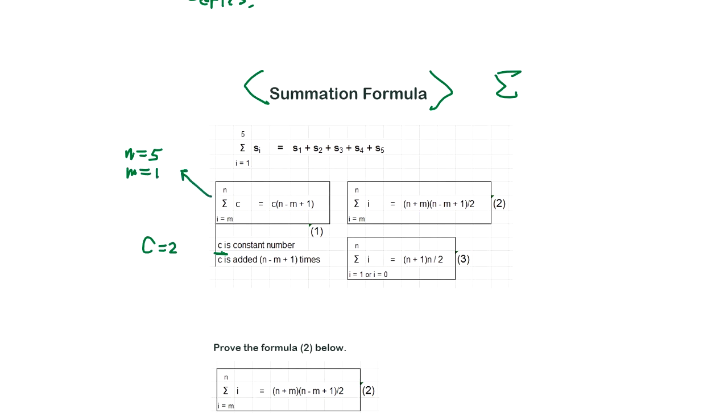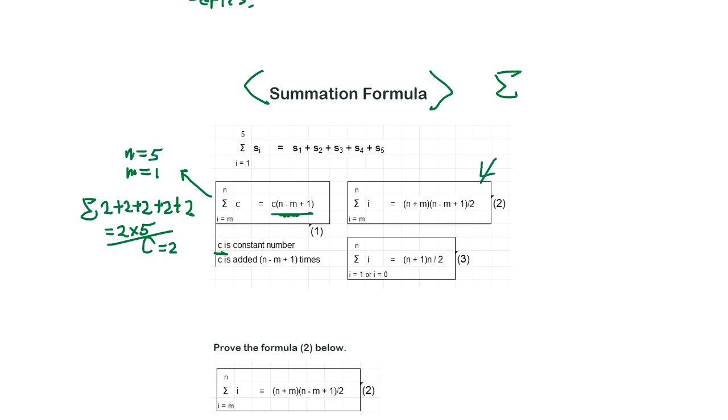So i equals m to n, 5 minus 1 plus 1, this is 5, right? So the summation will look like 2 plus 2 plus 2 plus 2 plus 2. This summation value is given by this: 5 minus 1 plus 1 is 5, 2 times 5. Very simple, right?